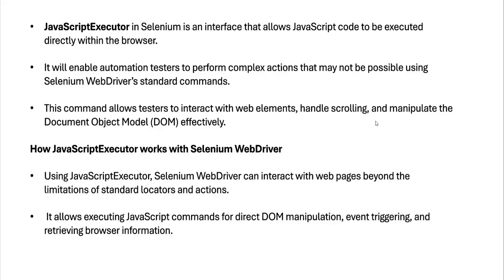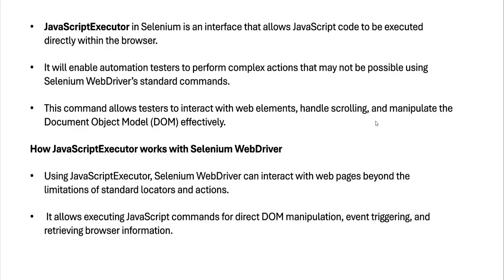So we now know what the JavaScript executor is and when we use it. Suppose you are trying to interact with an element using Selenium, but it is not able to interact. At that time, you will see an exception called element not interactable exception.